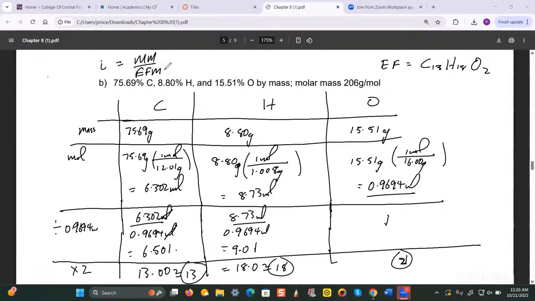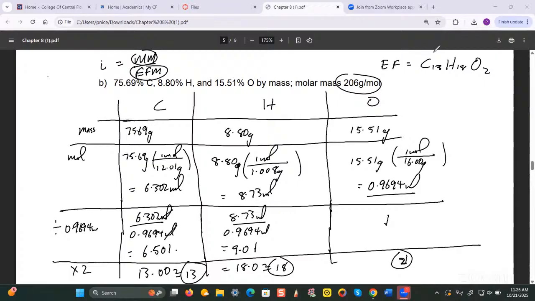So to get the integral factor, we need two things: the molar mass, which is given already, right? But we need also the empirical formula mass. How do we get that? By calculating the value based on the empirical formula. So let's see here. 13 times 12.01 plus 1.008 times 18 plus 32.